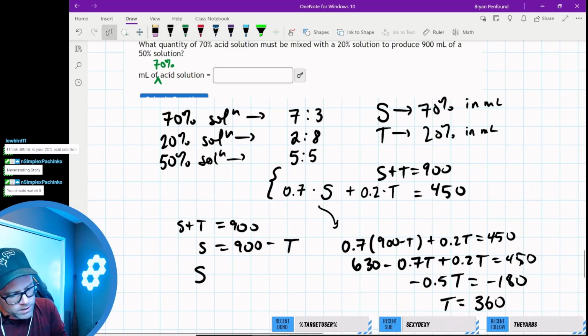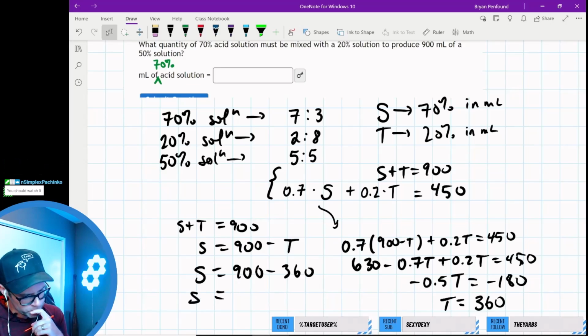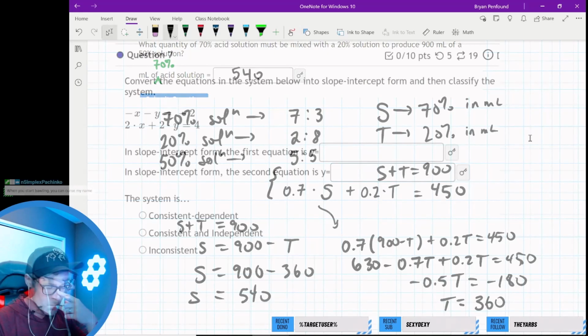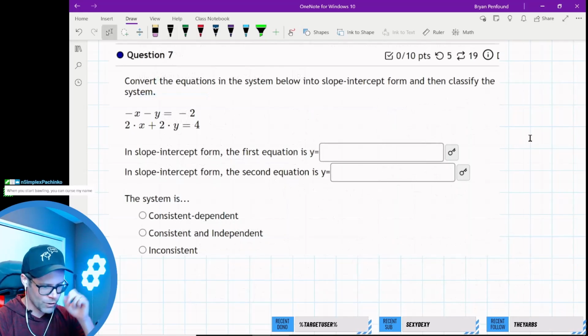But we can come back to this equation we have, which is the 900 minus 360, and that should give us our 70% solution, which should be 530. Does that sound right? 540. I'll prepare myself.